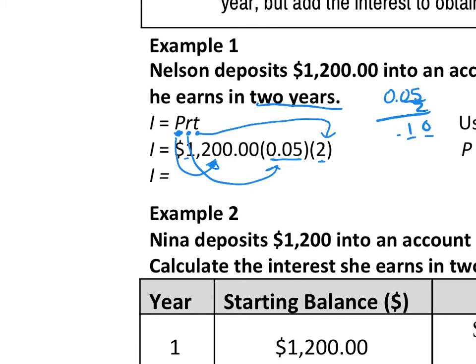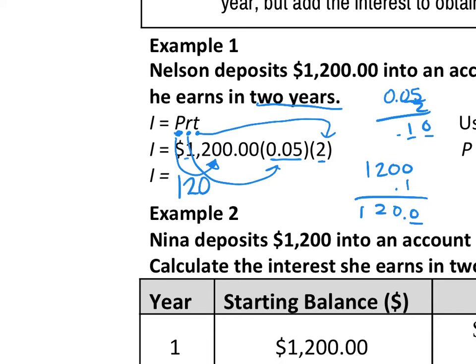It's going to give me 0.10, and then I'm going to take 1,200 and multiply by 0.1. And so my interest is going to be 120. So if I borrow $1,200 at 5% interest for 2 years, my interest is going to be 120.